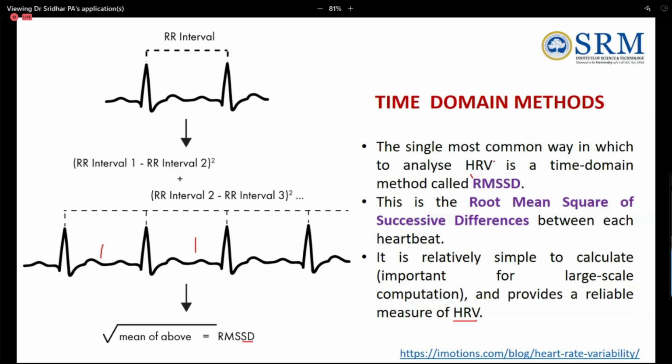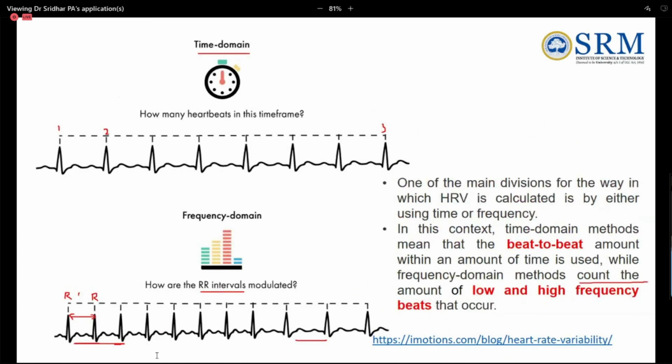HRV is nothing but heart rate variability; in the time domain, it gives you information through the RMSSD here. We calculate the successive difference in order to see how the difference varies with respect to time. You can see how the RR interval changes with respect to time.